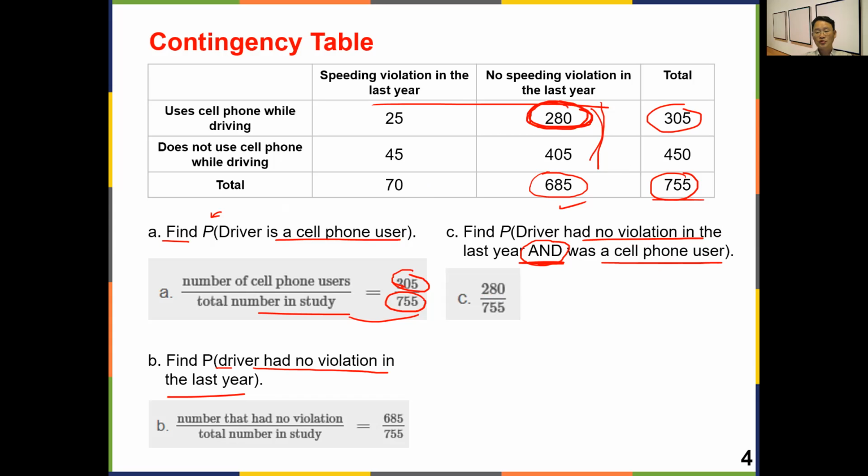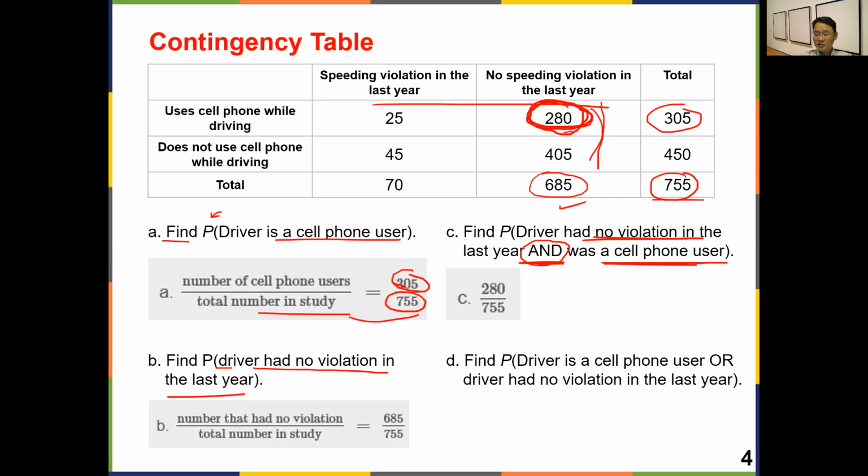However, you don't need to do that in a contingency table. For an AND question, you can just go straight to that cell that explains both conditions: no speed violation and use cell phone, right here. Okay.